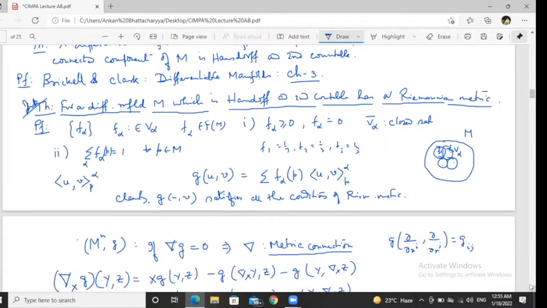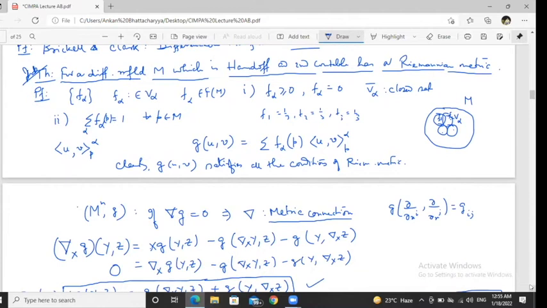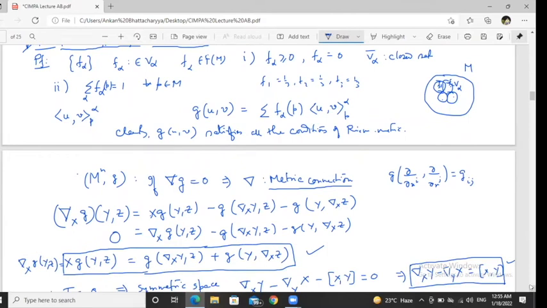Now, the next one, we have to go very fast because in one class we have many things to review. If del g equals 0, del is called a metric connection. Generally, for the basis vectors, g of del x_i, we write it as g_ij.